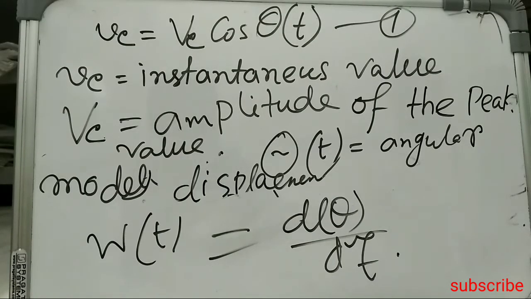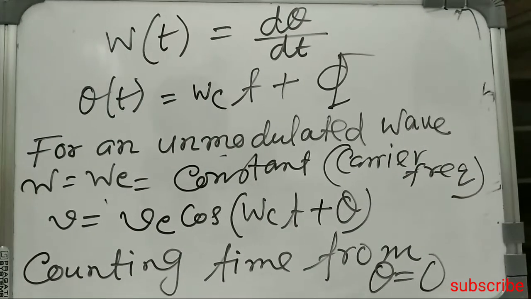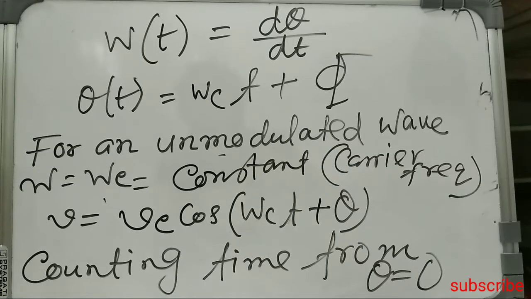Here the carrier is a sinusoidal wave, v equal to Vc cos theta t. Small v is the instantaneous value, capital Vc is the amplitude or peak value, and theta t is the angular displacement, and omega equal to d theta by dt. After integrating we get theta t equal to omega c t plus phi.